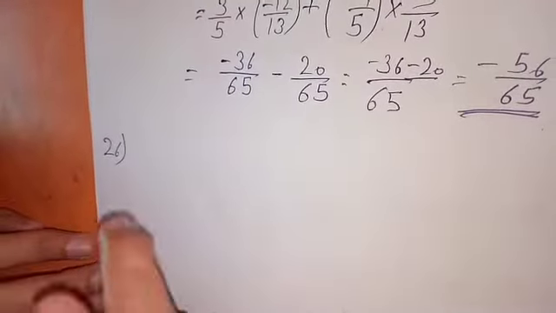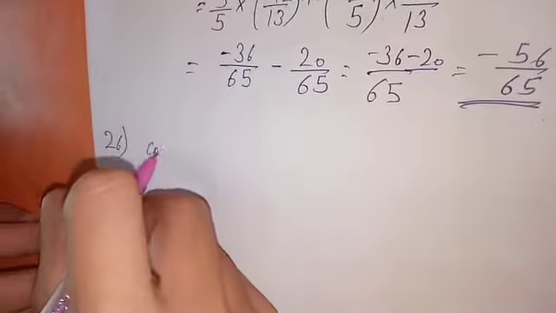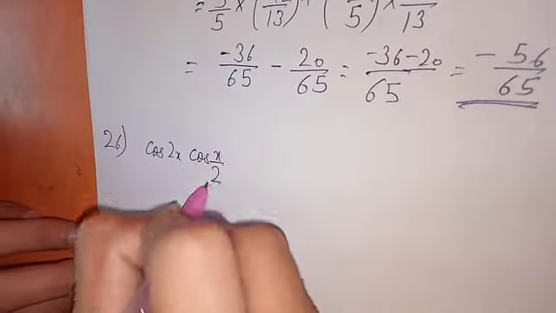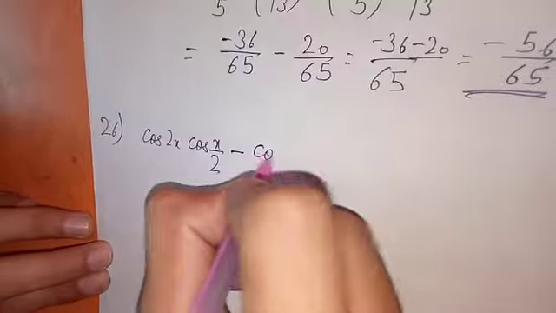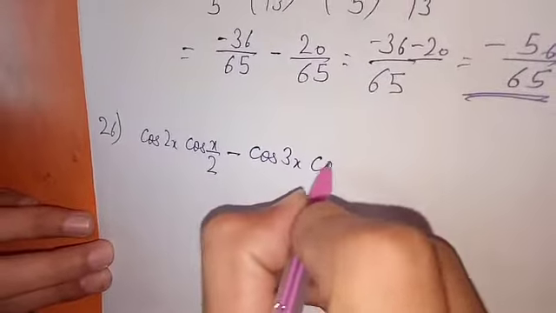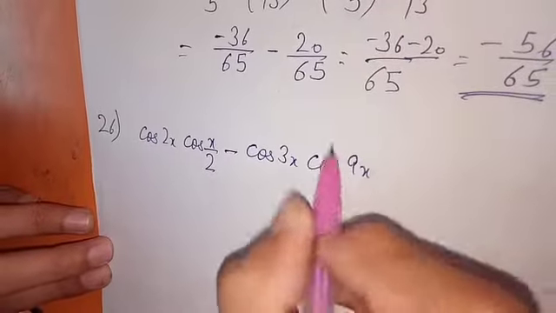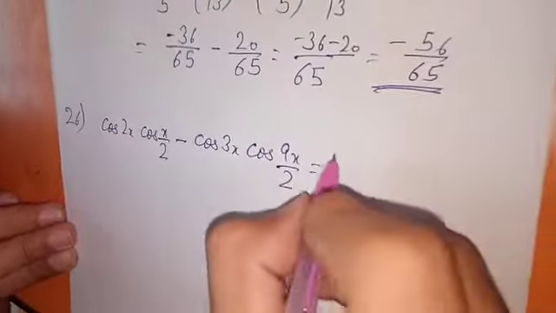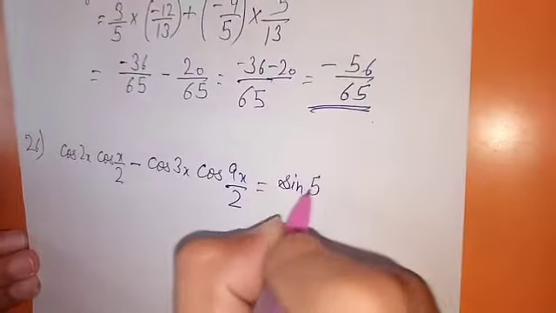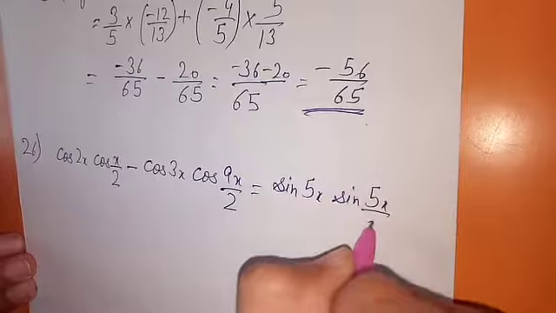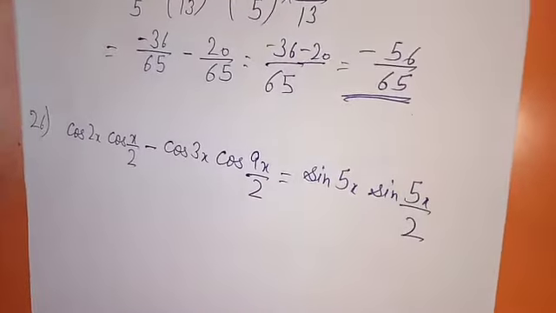In that we have to prove that cos 2x into cos x by 2 minus cos 3x into cos 9x by 2 is equal to sin 5x into sin 5x by 2.